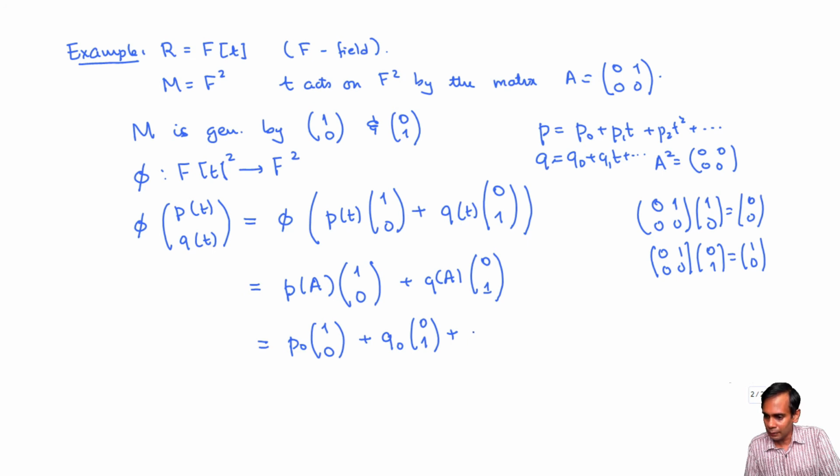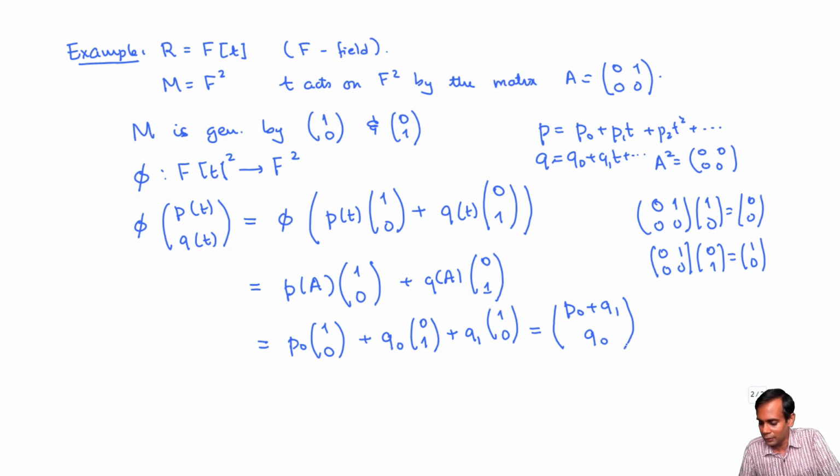So we will get plus q1 times (1, 0), which you can write as (p0 plus q1, q0). So this is what phi does to a general element of F[T] squared.